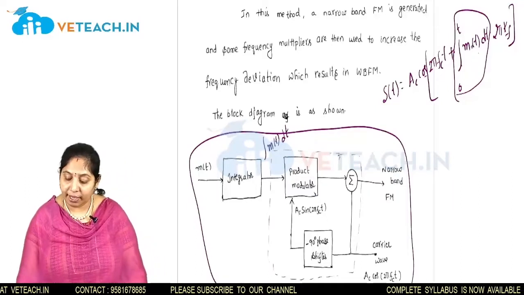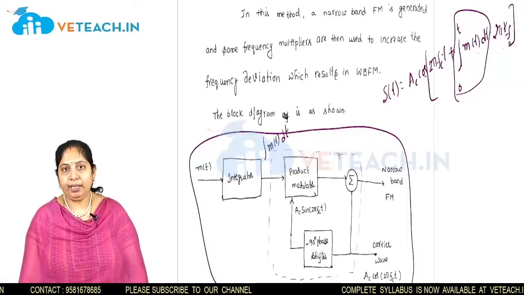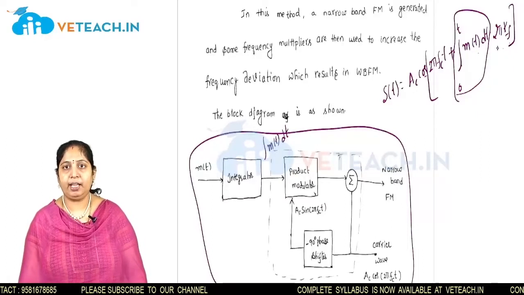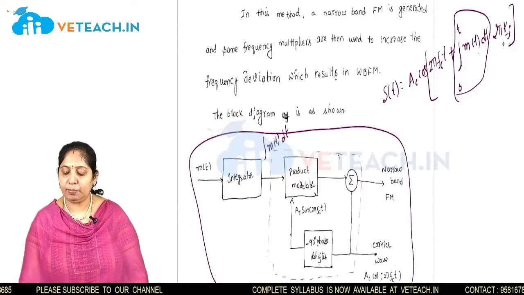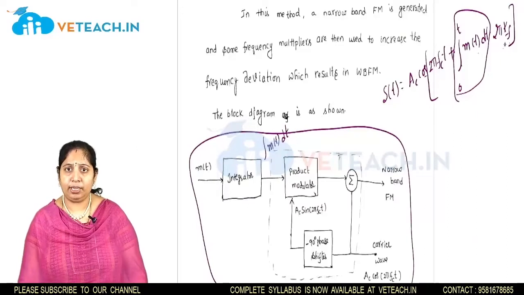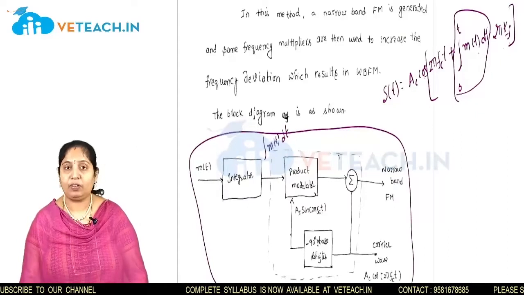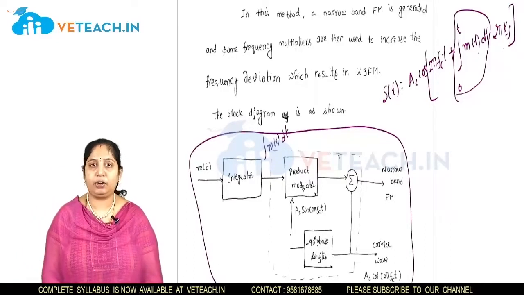Next, what do we require? This is multiplied by 2 pi kf. Already we know what kf is: kf is delta f by beta. So the integral of m(t) dt is multiplied by 2 pi kf. We use a product modulator for this purpose.